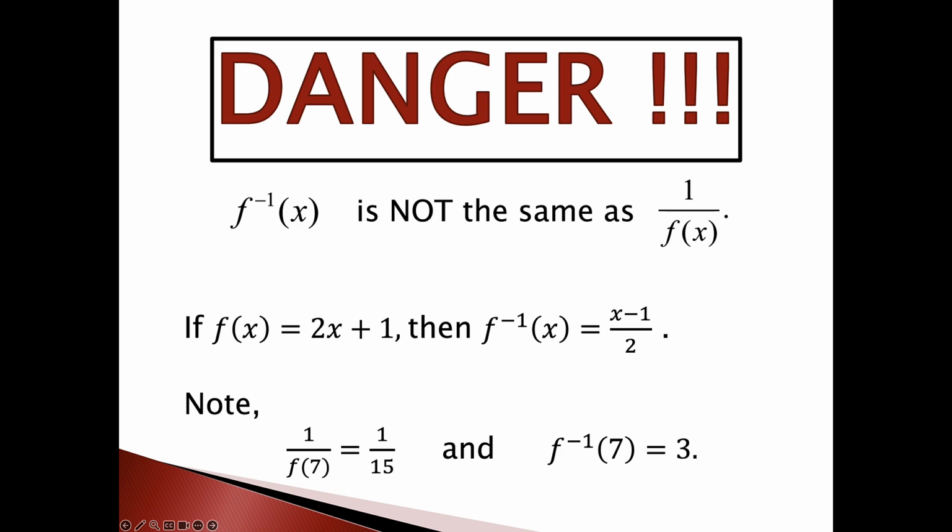In other words, f inverse of 7 should be 3, not 1 over 15. So again, it's a little bit irritating because we use the same notation to mean two different things. So just be warned that when you see f with a little -1, it's not an exponent, it's an inverse function marker.